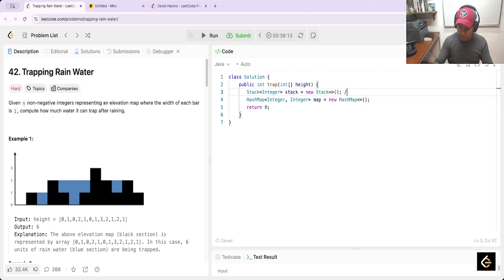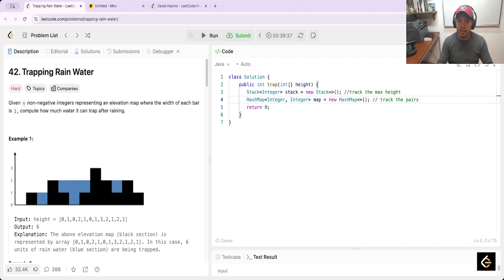Yeah, let me track the max height. Track the pairs.